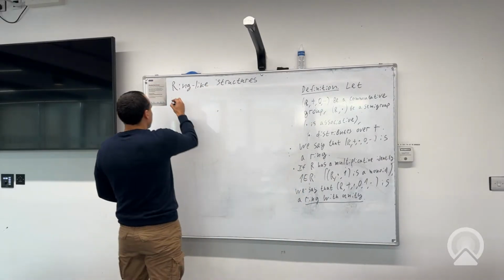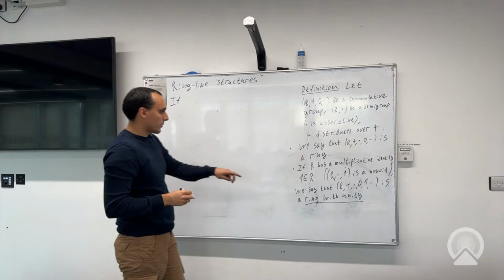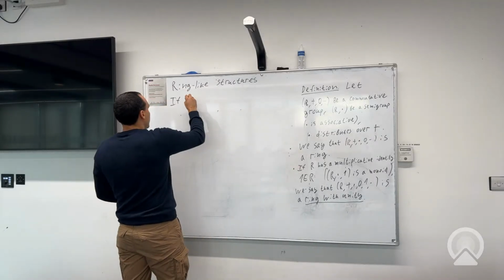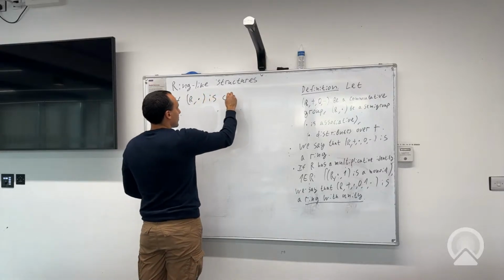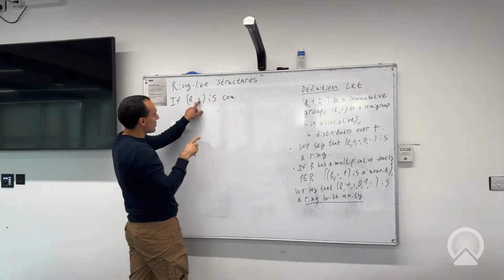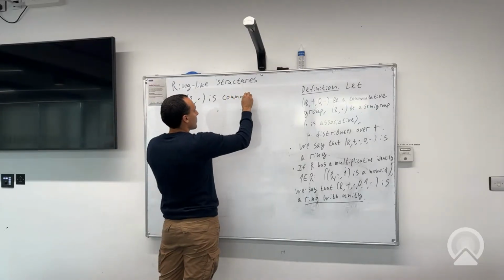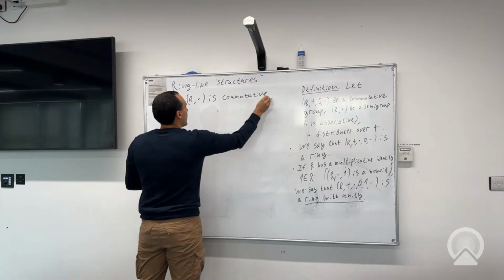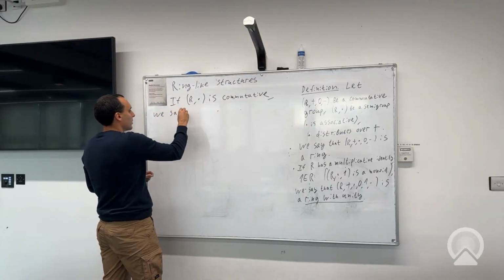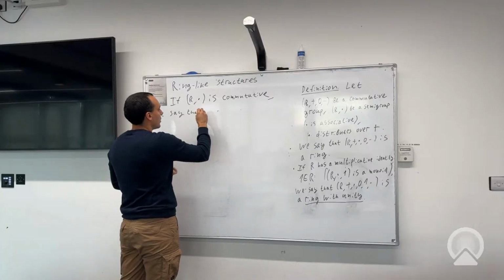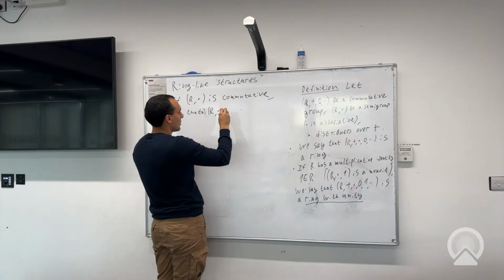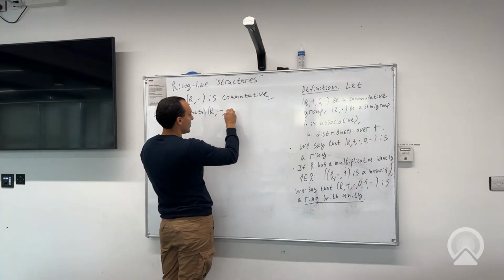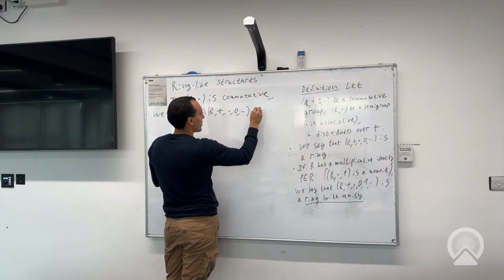And if R is commutative, so if multiplication is commutative, we say that R with plus, multiplication, with 0, with negation is a commutative ring.